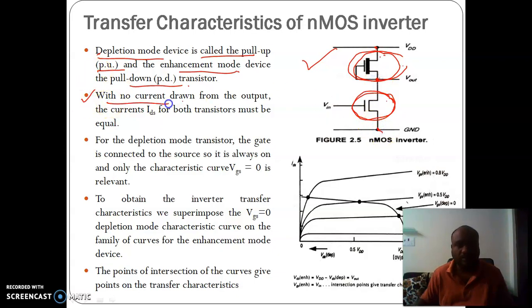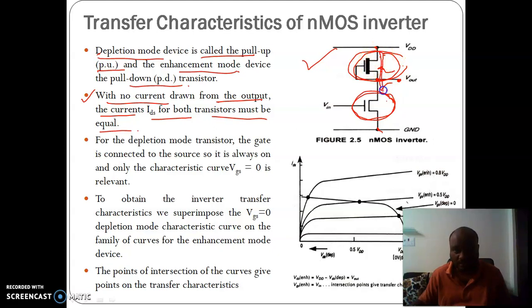With no current drawn from the output, the currents IDS for both the transistors must be equal. See, the output is idle, not connected to any load, so there will not be any current flowing from the output into the devices.